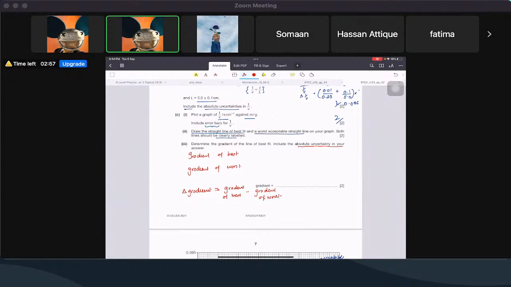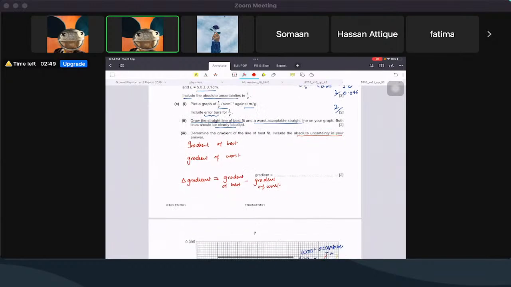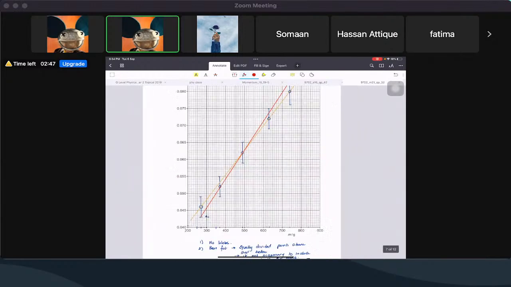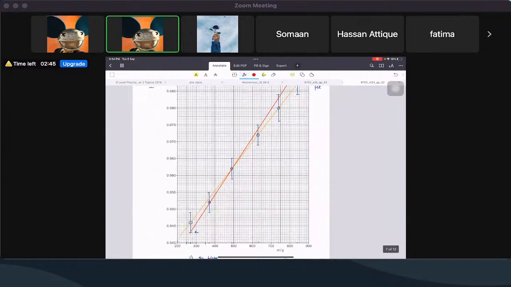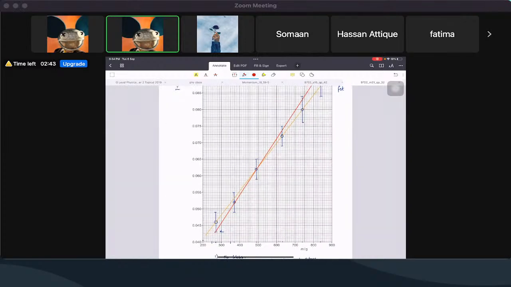Now when you take the gradient, the gradient must be shown on the graph, and it should also be taken at least 50% away, like the 2 points should be 50% away from each other. So for example, for the best fit line, let me change the color.